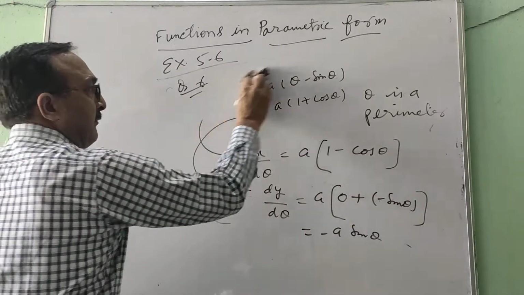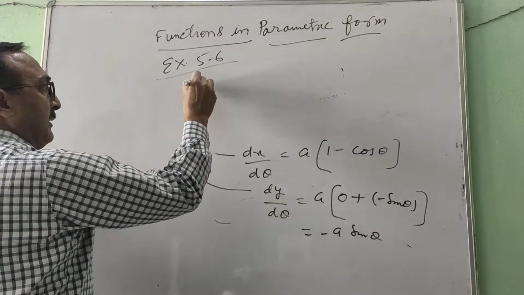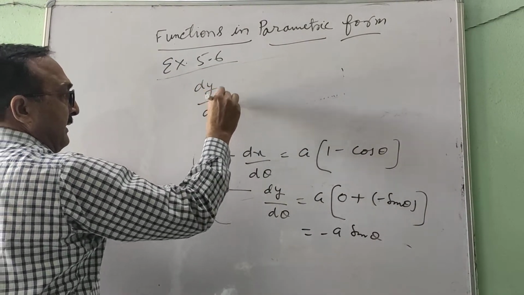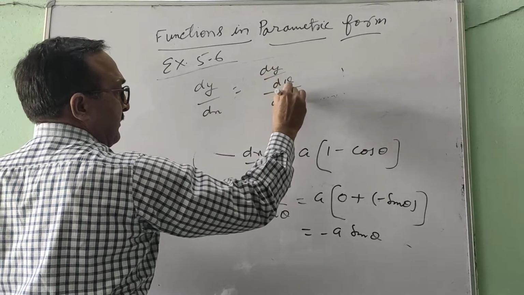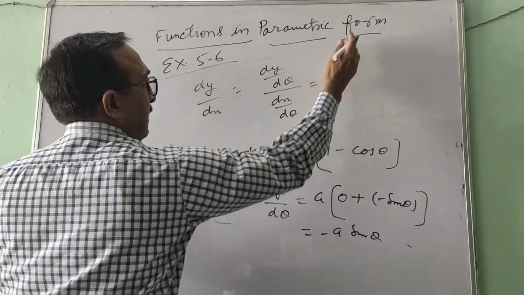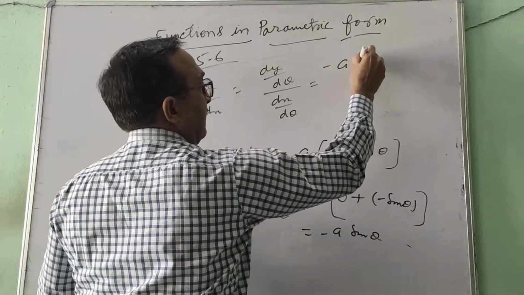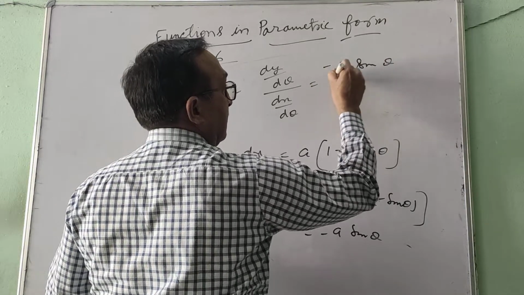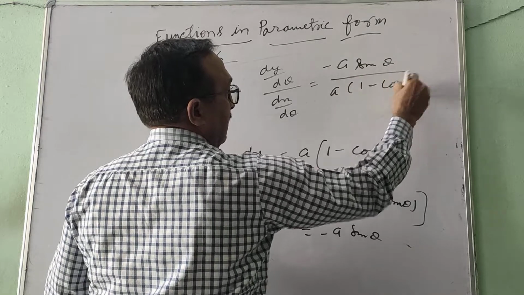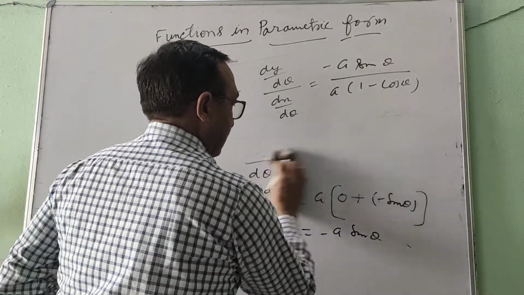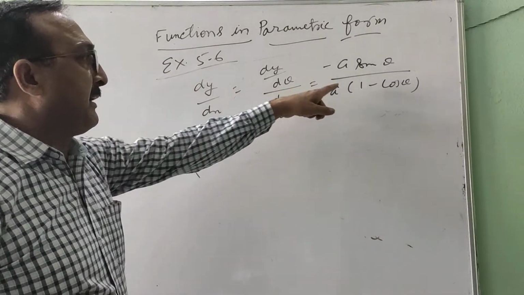And now we apply the chain rule to find dy upon dx. dy upon dx equal to dy upon d theta upon dx upon d theta. What is dy upon d theta? Minus a sine theta upon a into 1 minus cos theta. This is the dy upon dx.